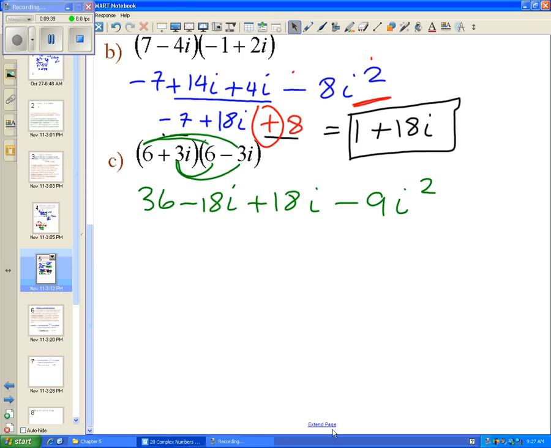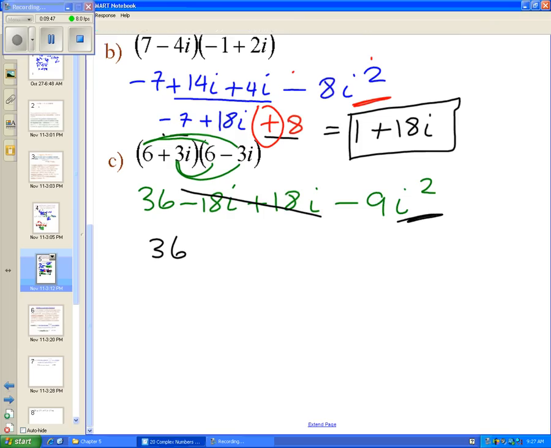Again, when I come back through here, 36 stays the way it is. Negative 18i plus 18i cancels out. The i squared becomes a negative 1 times a negative 9, which becomes a positive 9. So 36 plus 9, my final answer is 45.